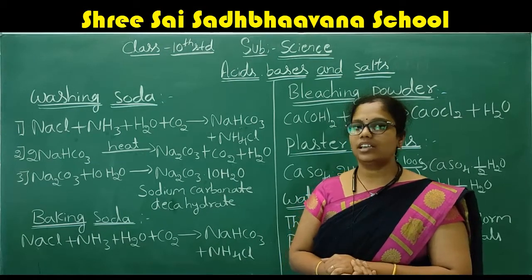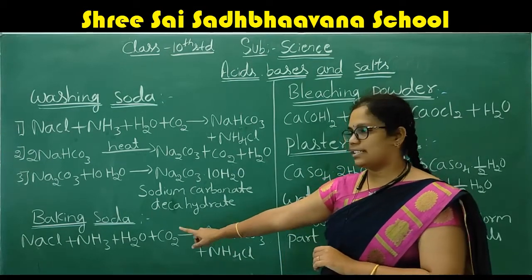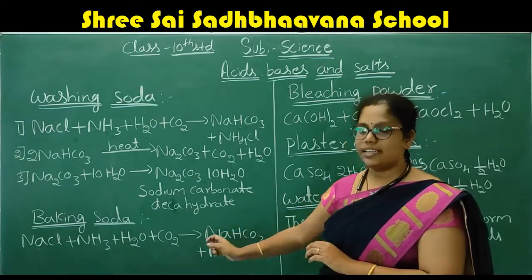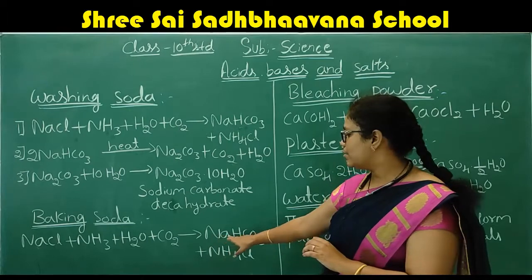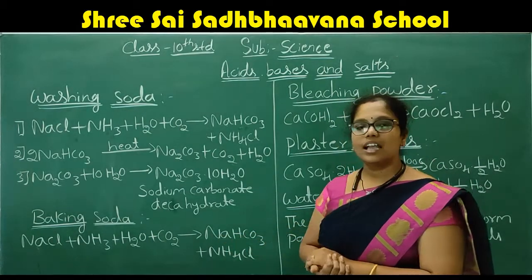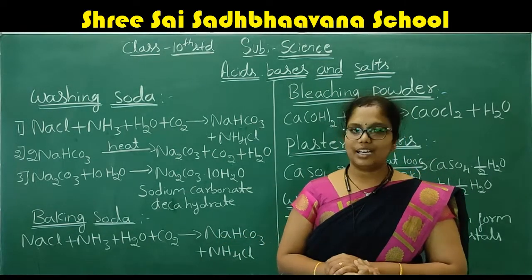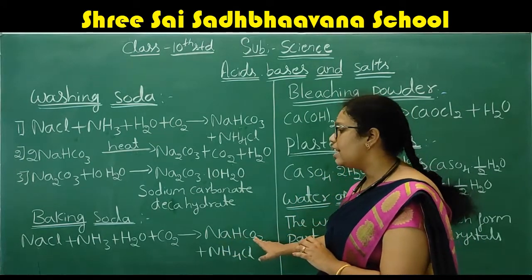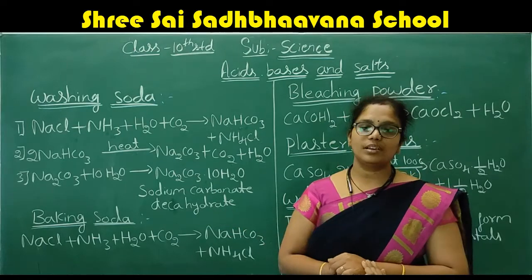Same as the first method: when sodium chloride is reacted with ammonia, water and carbon dioxide, it forms sodium hydrogen carbonate and ammonium chloride is liberated. Here the sodium hydrogen carbonate is the formula for the baking soda.